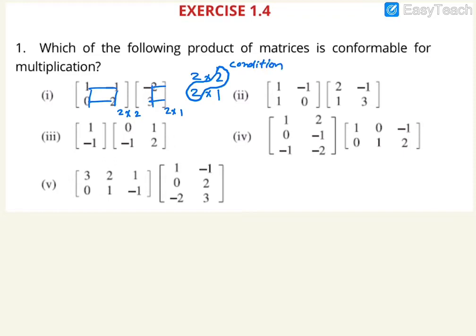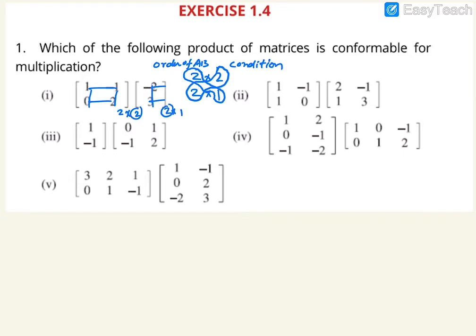and after multiplication you know that the product will have this order. This will be the order of the product AB, but this is the condition this side. So 2 is equal to 2, the number of columns is equal to the number of rows of the second matrix.